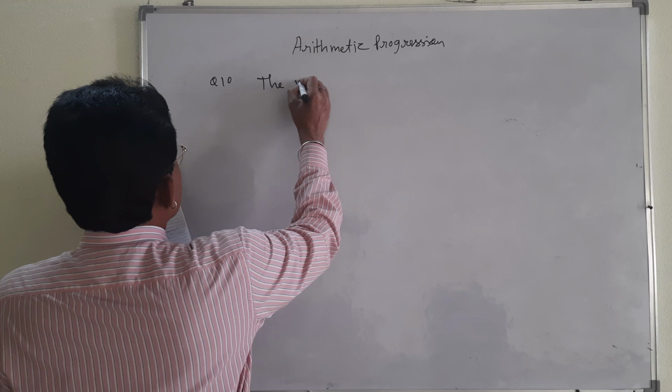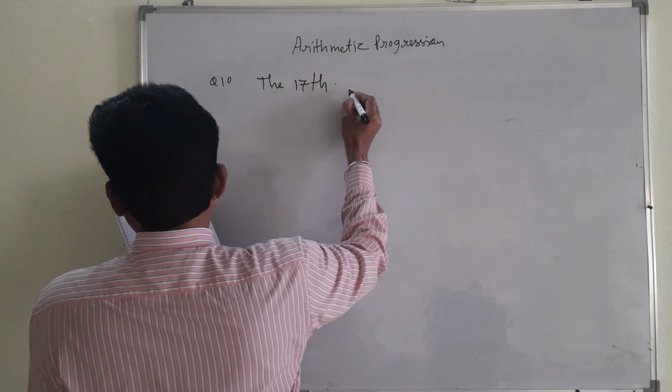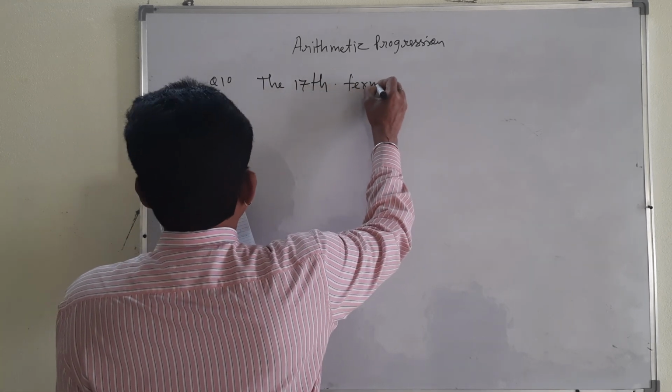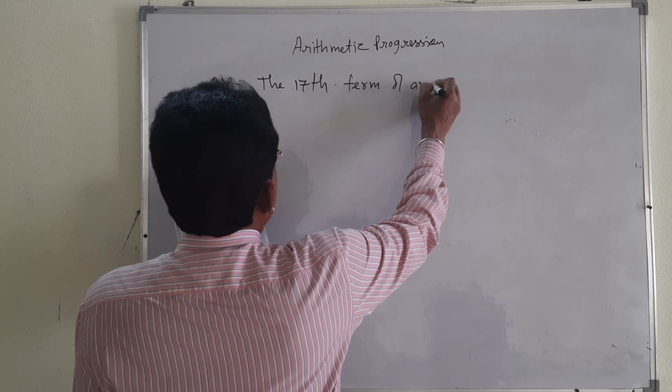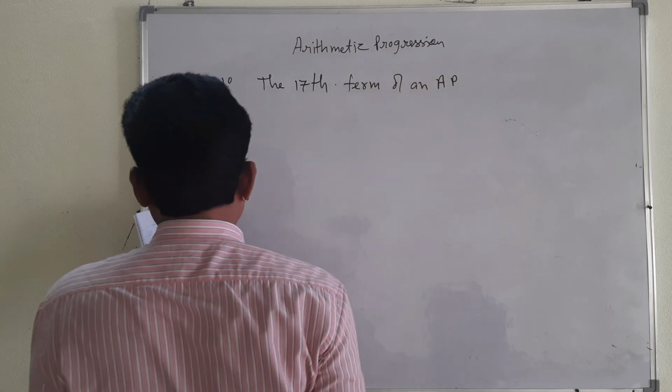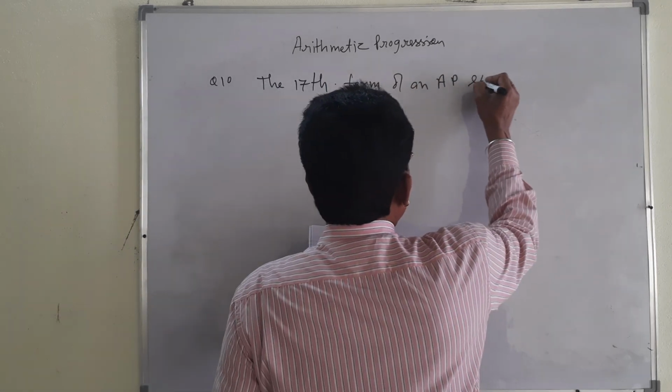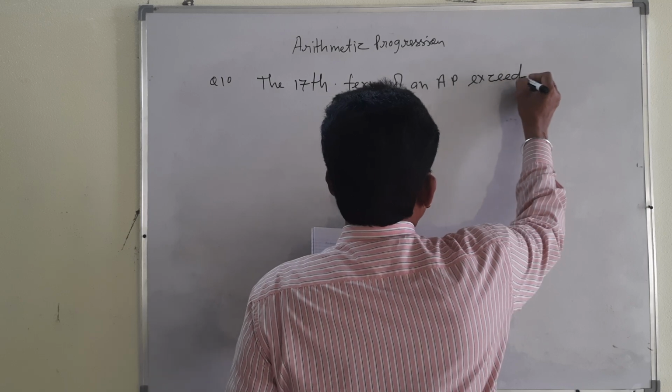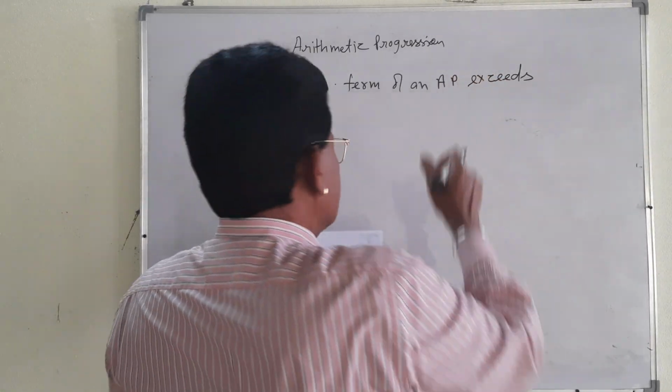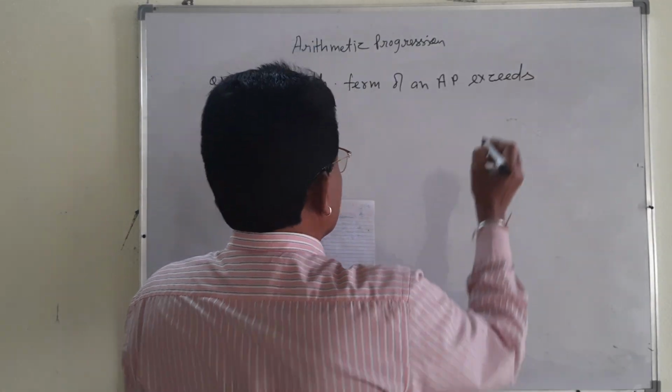The 17th term of an AP exceeds its 10th term by 7. Find the common difference. Very important question. I told you in my previous video also about such type of question.